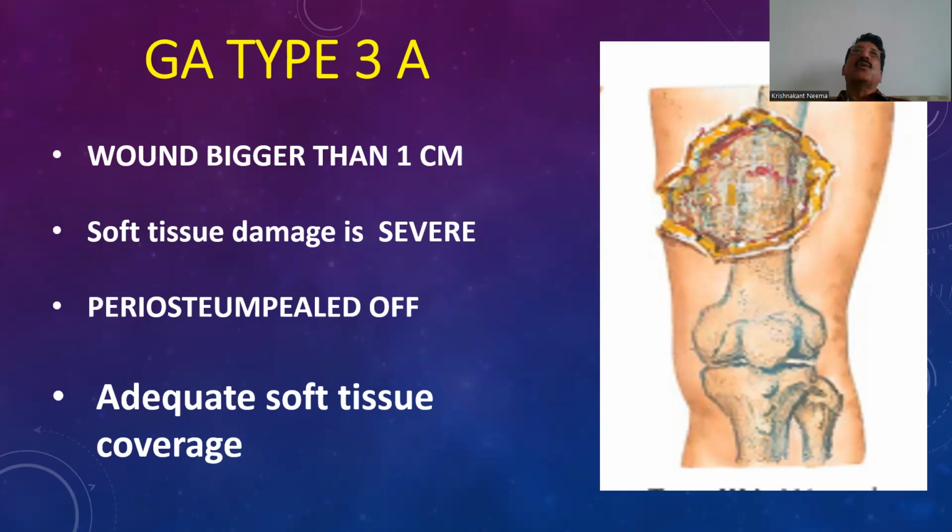There is adequate soft tissue coverage over the fracture. That means bones are not exposed, right? 3A: wound more than 1 centimeter, severe soft tissue injury, and adequate coverage. So that was type 3A.